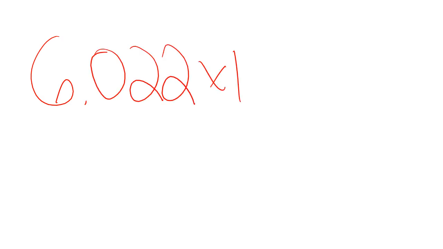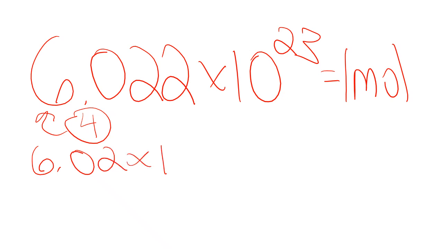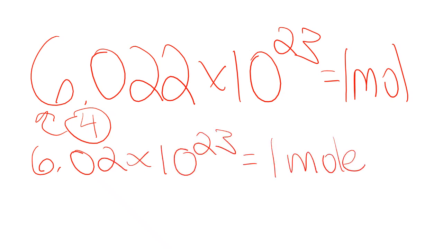In your homework, you're often asked to use 6.022 times 10 to the 23 in 1 mole. You can use that. This would be 4 sig figs, and you can use 6.02 times 10 to the 23 in 1 mole, and this would be 3 sig figs.